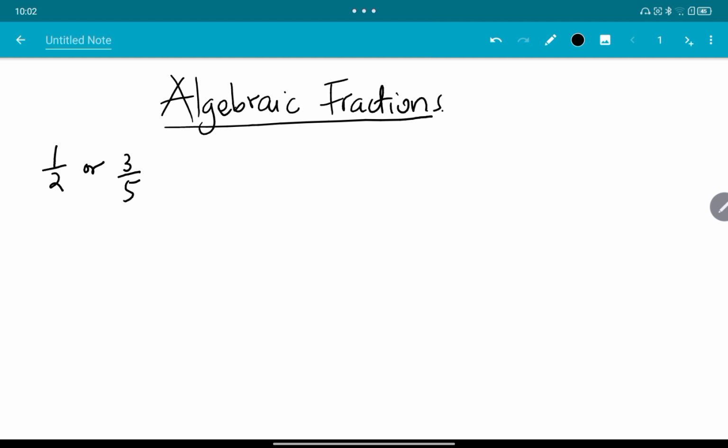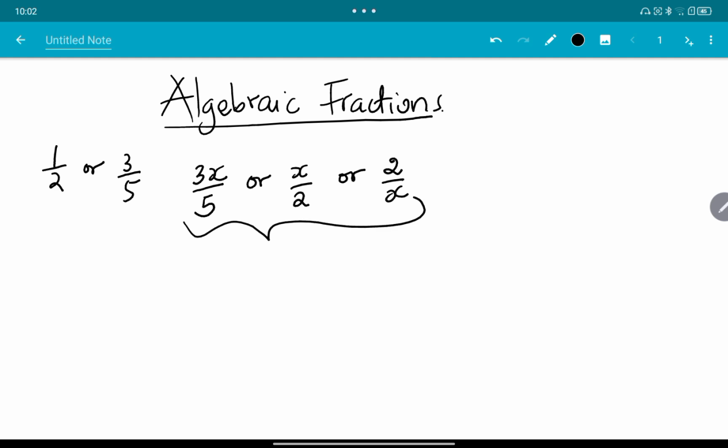For instance, we can have something like 3x over 5, or x over 2, or even 2 over x. All of these qualify to be algebraic fractions. Now we want to look at the manipulation, or the operations, that we can carry out whenever we are dealing with algebraic expressions.